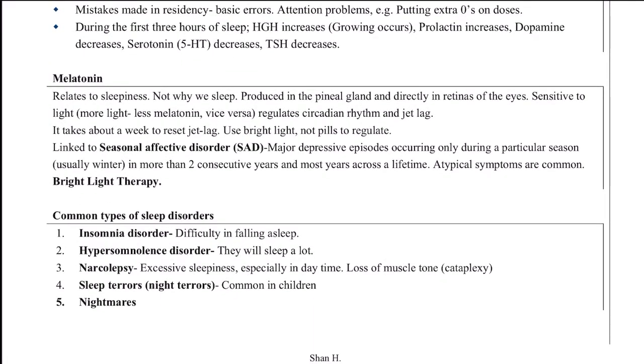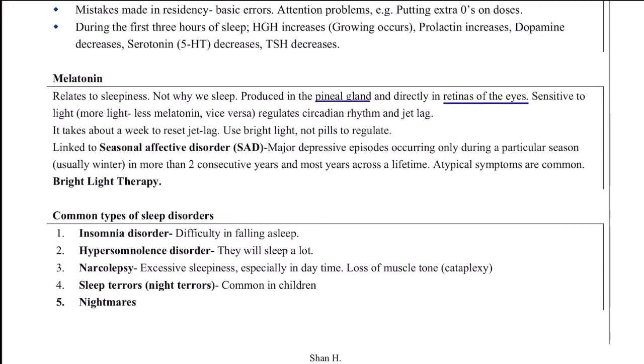When we talk about melatonin, it relates to sleepiness. So we give this as a drug to treat difficulty in sleeping, insomnia disorders. And this is produced by the pineal gland, and directly from the retina of the eyes. And this is sensitive to light.